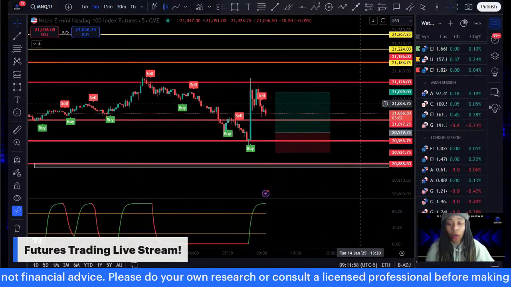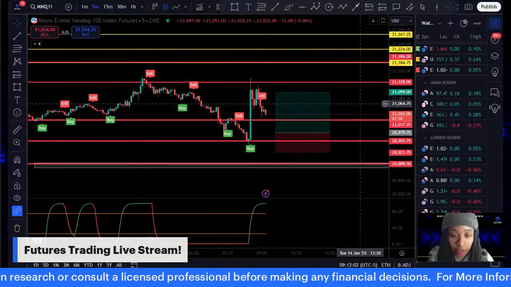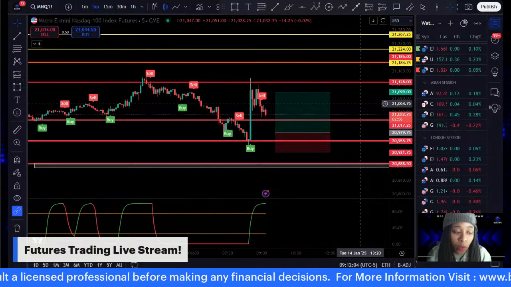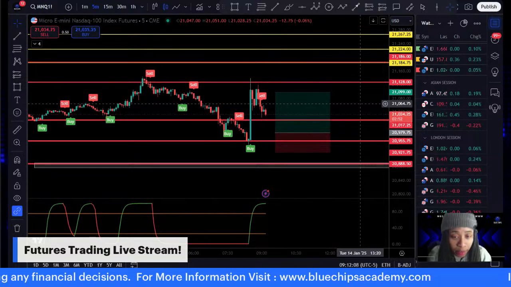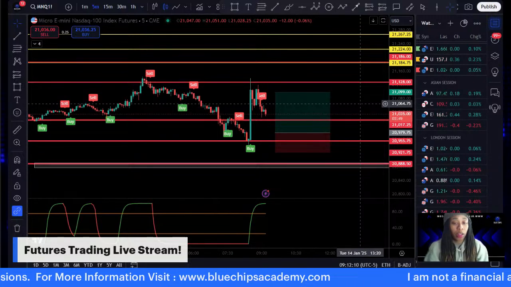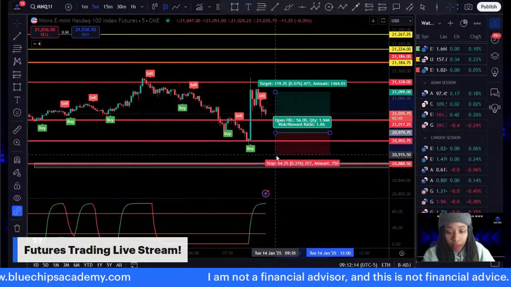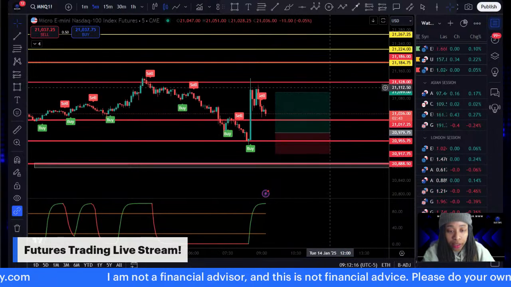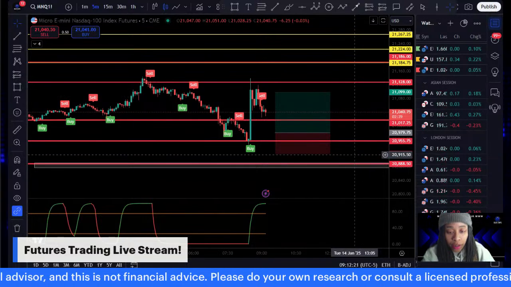So what I always say is trade the setup, not your situation. If you say, I want to make $3,000 on this move, well, is the setup presenting a $3,000 move? So here's where you potentially put your stop loss, and here's where you potentially get your take profit.